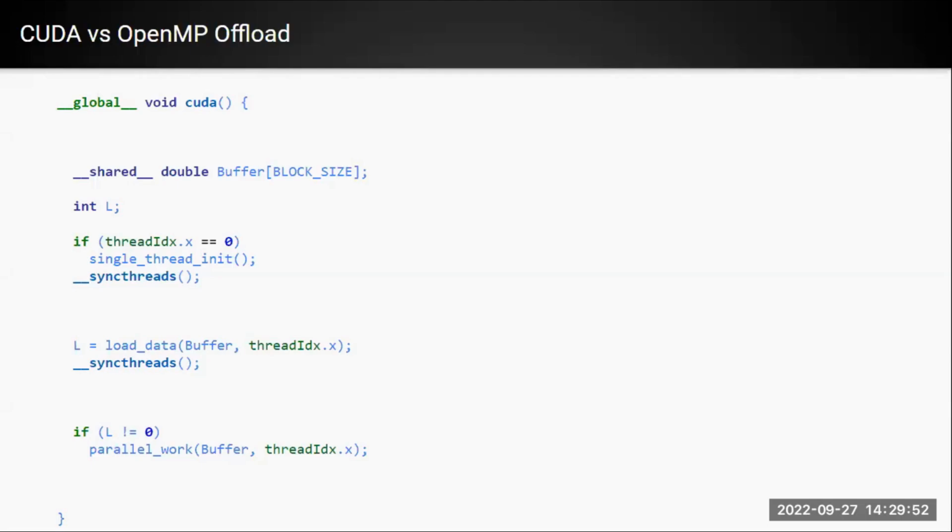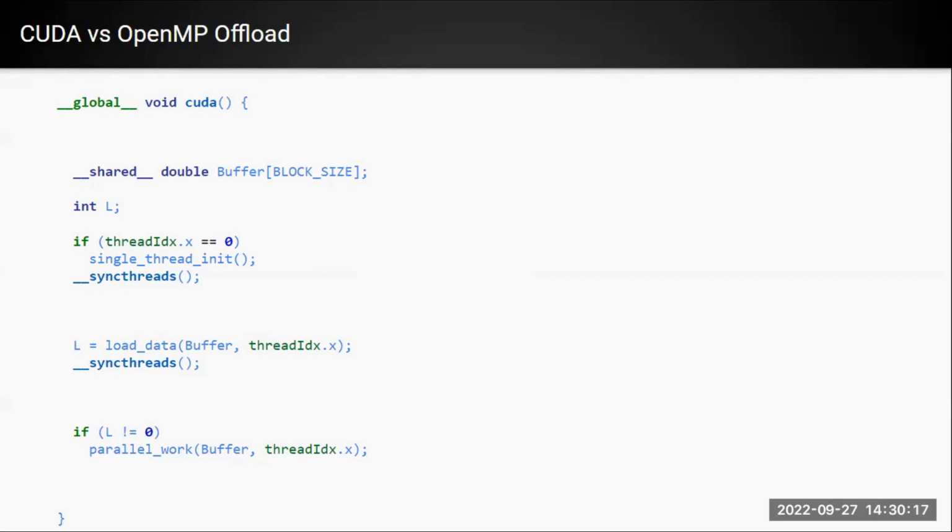This is my example for this part. It's a CUDA kernel where you manually allocate some buffer into a local shared memory, or shared space, whatever you want to call it, depending on what language you follow.